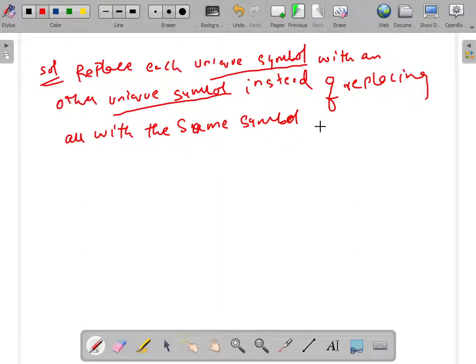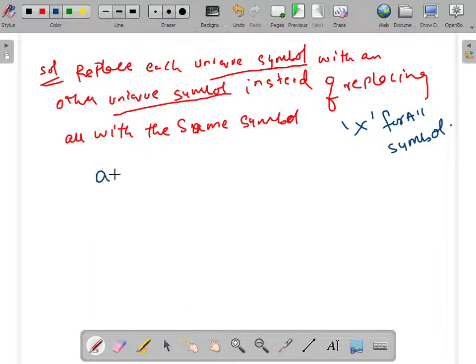Previously we used the X symbol for all symbols, but now we can give different symbols.